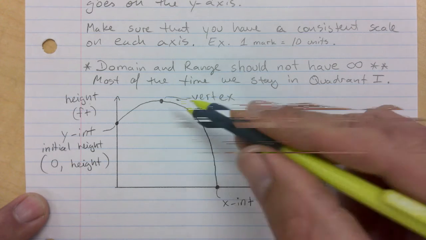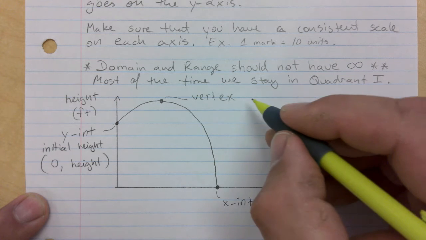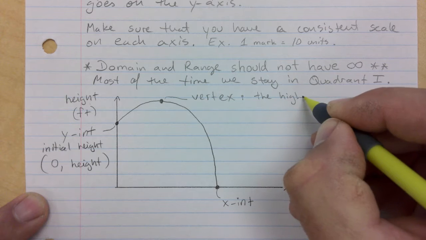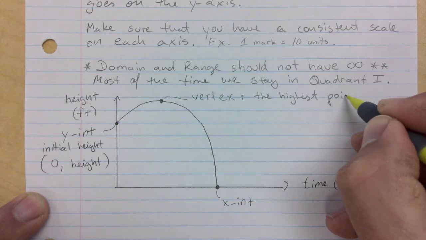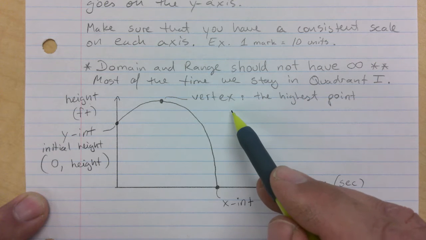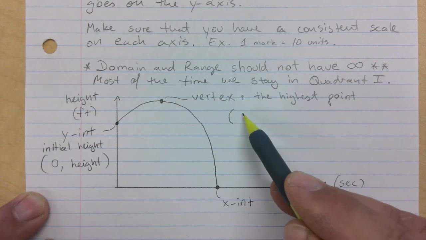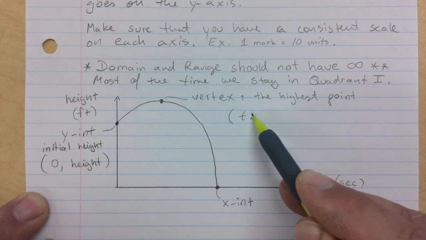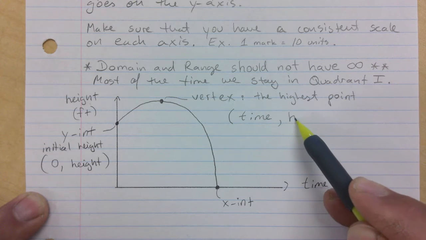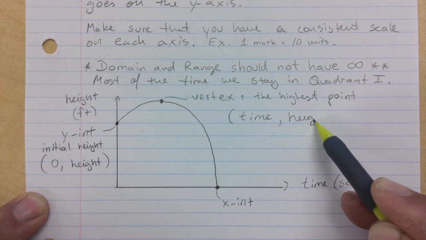The vertex in this particular scenario would represent the highest point. The highest point. Okay? And still, the vertex has coordinates, right? And it's always going to be, in this case, x represents time and y represents height.